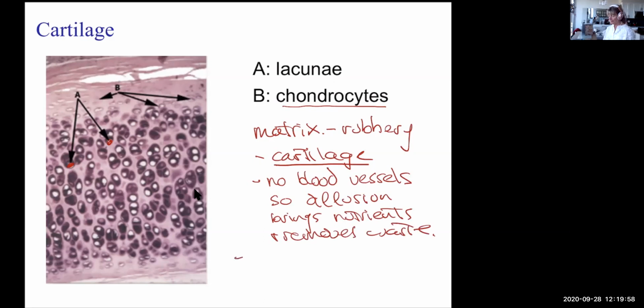There are 3 kinds of cartilage, and you'll be looking at these in the lab, so I'll encourage you to do that in the lab. The 3 kinds are hyaline, fibrocartilage, and elastic cartilage.